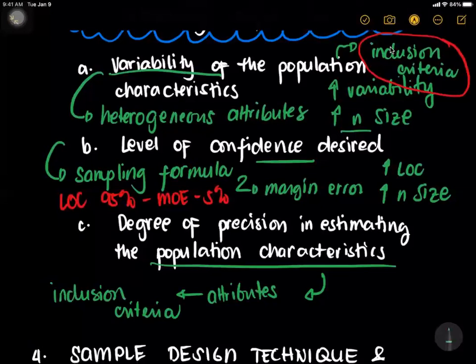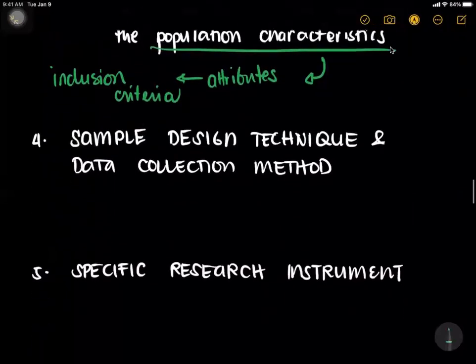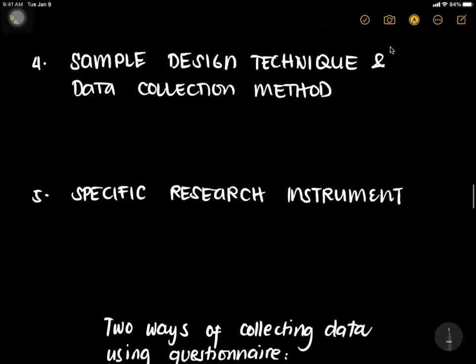Okay, so I think we're done with target population and sample size. Let's proceed to the fourth component, and that is your sampling design technique and data collection method. So sampling, as what we've said, is a complex process. And in market research, specifically, choosing your sample is very critical, because that would also affect the validity and the generalizability of your results.